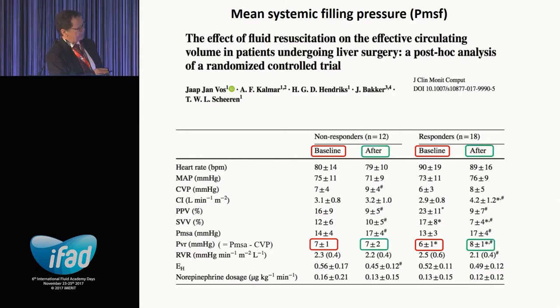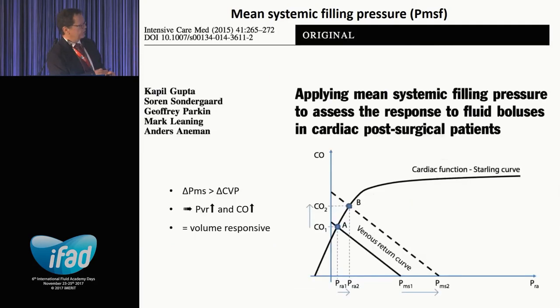And after the fluid challenge, it did not change in the non-responders, but it increased in the responders. And this increase led to the cardiac output increase, which you can see here. So in the responders, the cardiac index increased due to this increase in the pressure for venous return, and this is, of course, why they are defined as the responders.